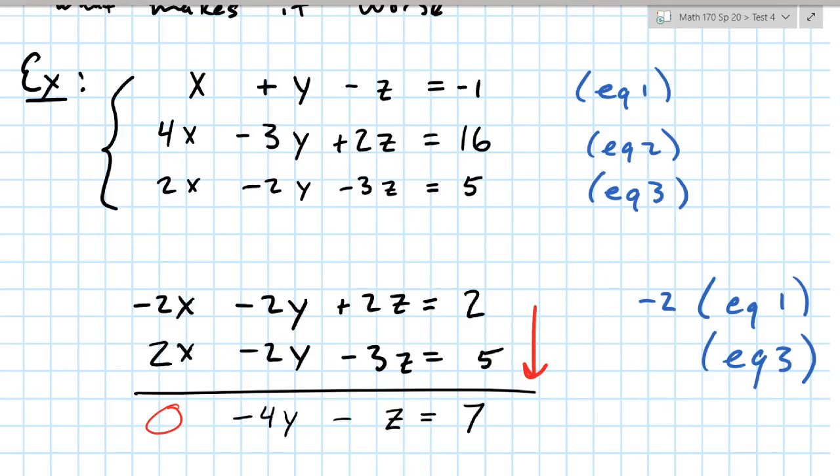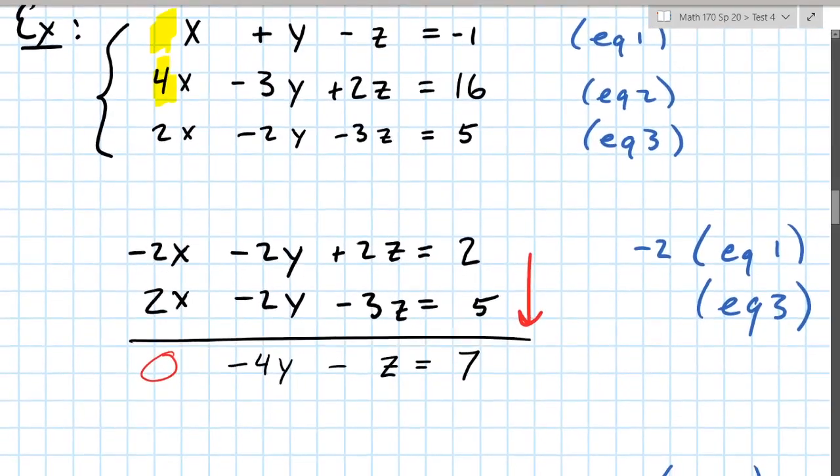Great. But in order to work with this, I need another equation where the x's have been eliminated. So if we look at the first 2 equations, we see that we need to eliminate 4x, so I need to multiply that top equation, equation 1, by a -4.